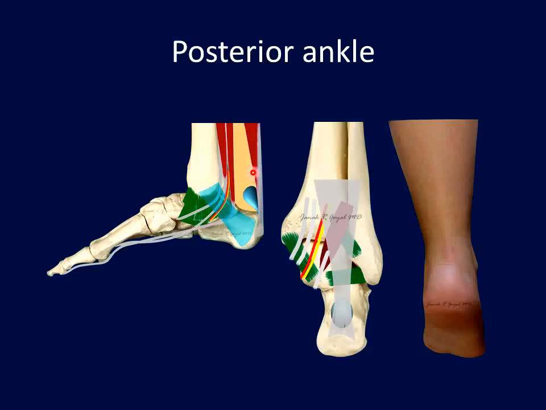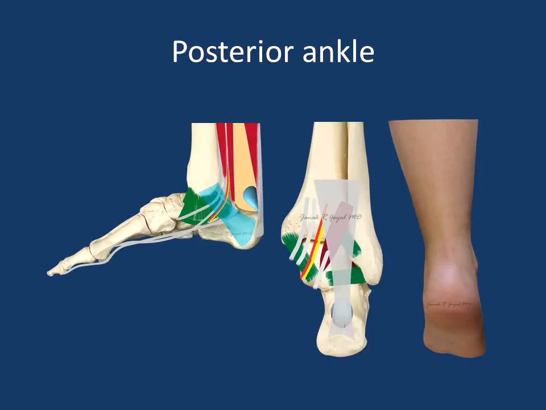Deep to the Achilles tendon is Kager's fat pad that separates it from the flexor hallucis longus muscle. The retrocalcaneal bursa separates the Achilles tendon from the posterior superior aspect of the calcaneus.